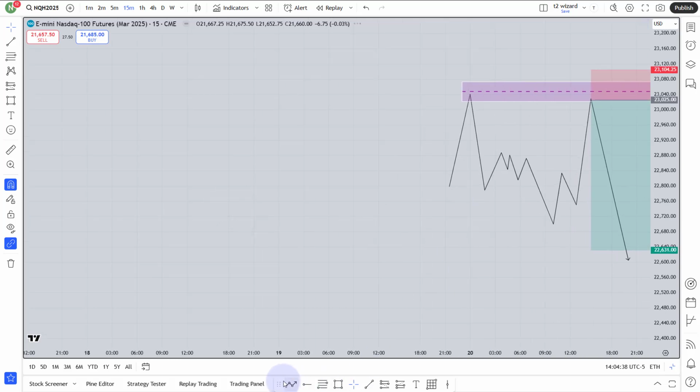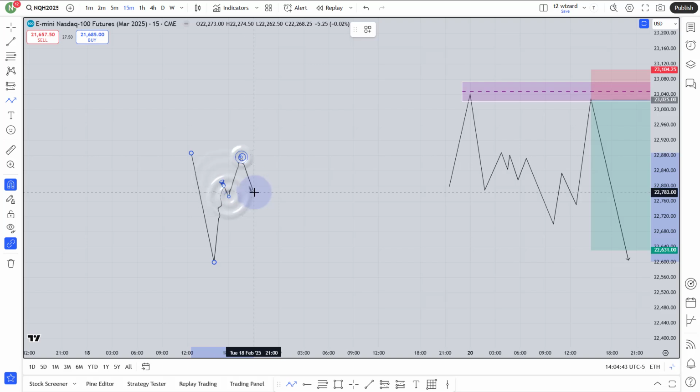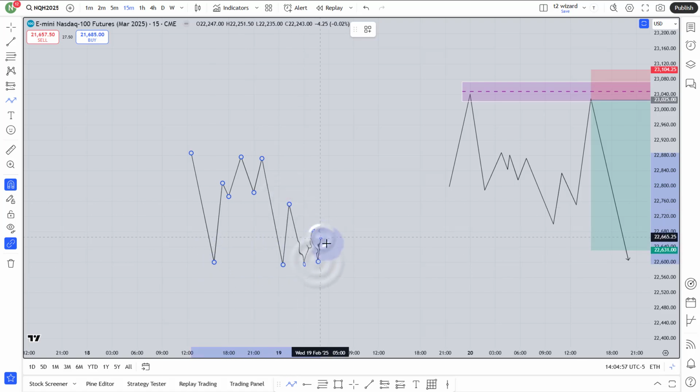Same here, when there is a swing low and then the market went a bit higher, then comes back again very near to this swing low, they start to see this is a double bottom, which is a very strong support zone. Now it doesn't need to be two bottoms, it can be three bottoms, four bottoms, five bottoms.